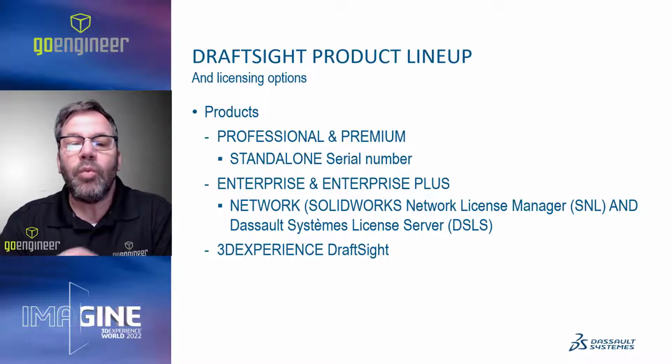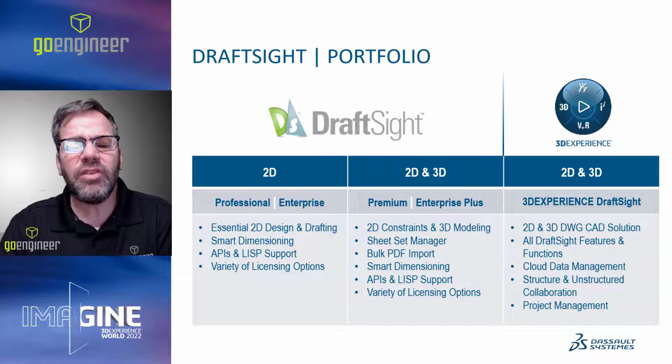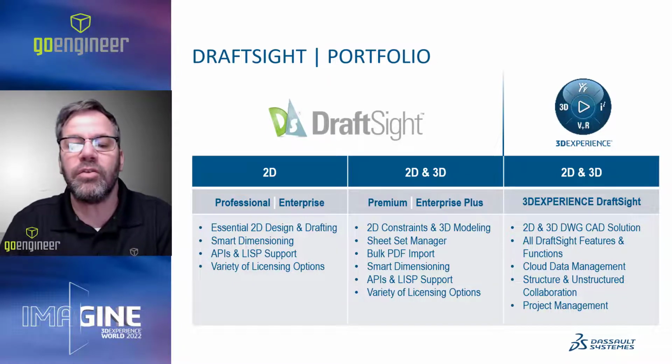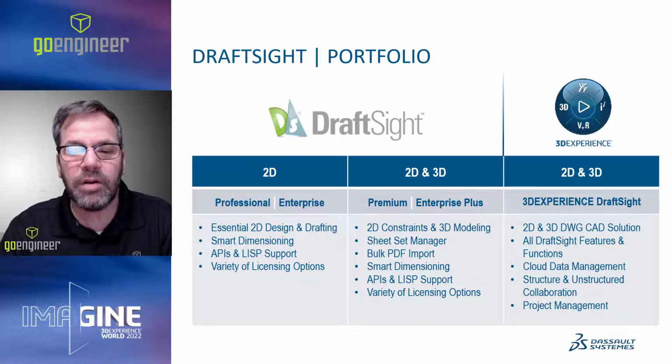Now, when we're talking about the portfolio itself, essentially the DRAFTSIGHT Professional or DRAFTSIGHT Enterprise is going to include all the essential 2D drafting tools. And what we're talking about there is your drawing tools, your dimensioning tools, outputs, things like smart dimensioning, power trim, APIs, list support.